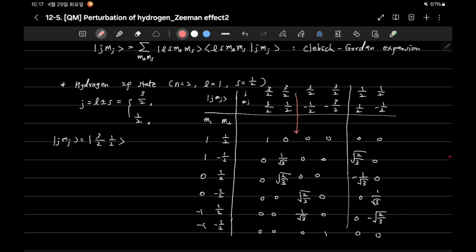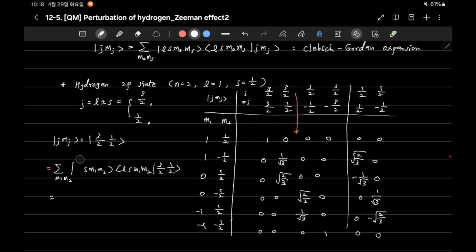Then it can be expanded in terms of M1 and M2, using L S M1 M2 as the basis, for 3/2 and 1/2. Here L equal to 1 and S equal to 1/2.